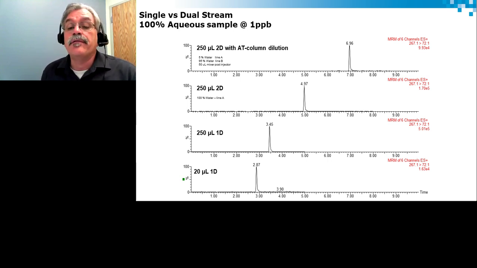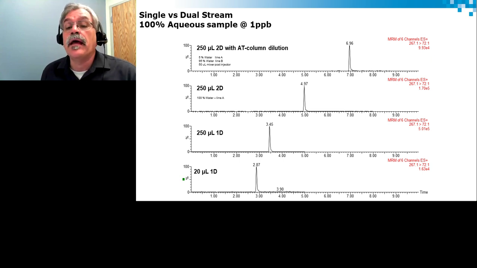Now, when we look at a 2D system, it's basically a trap and elute type of configuration with 2 columns. If I use a single stream loading with 100% water, then I can see that the retention time will be a bit longer. That's because of the dilution factor or the loading factor from the trap that has to be counted in.